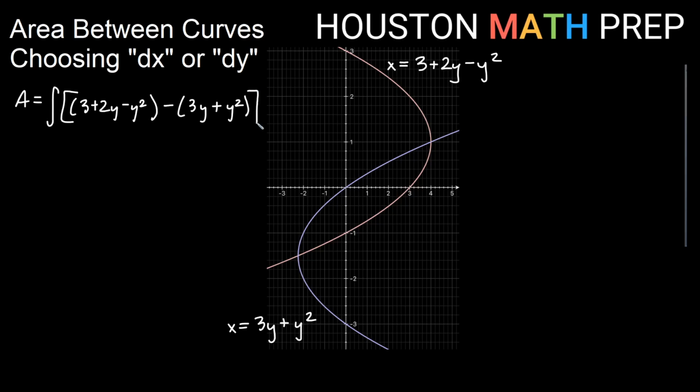Let's say that you were like, well, you know, I really like dx better, so I was going to do this one dx. Well, a couple of things. First of all, it's already conveniently solved for x equals, so it's less work to rearrange these. It's also really, really difficult to solve these for y. If I was going to do my integral dx, then I would need to get functions of x. In other words, solve y equals and get some expressions that have only x in them.